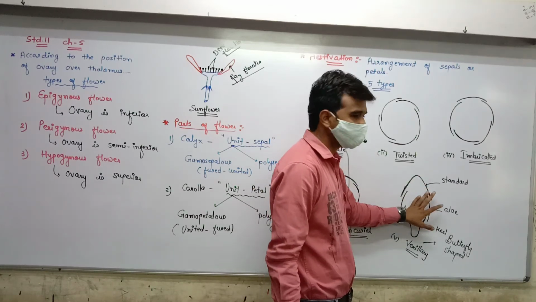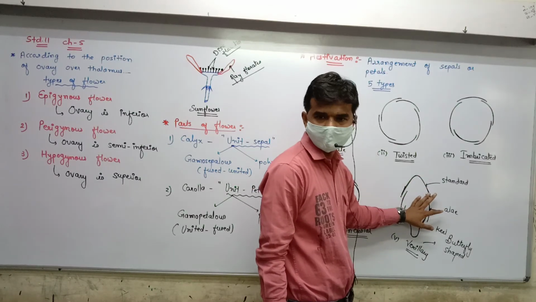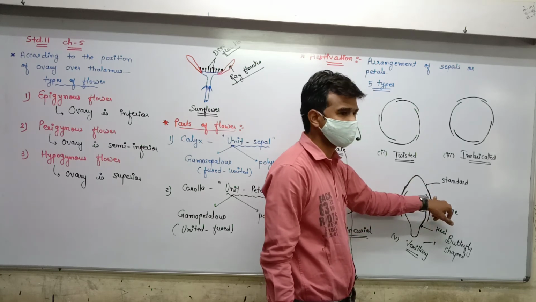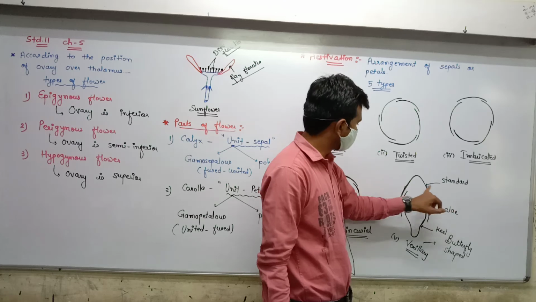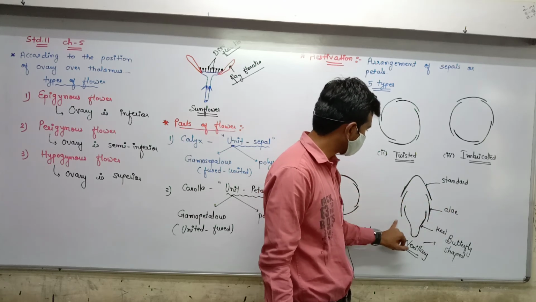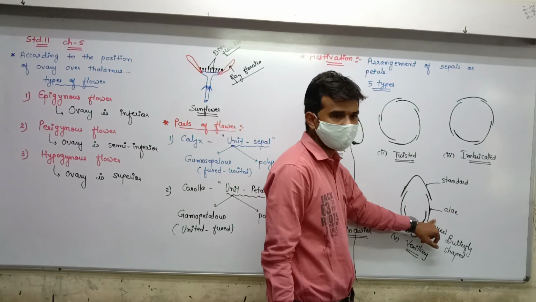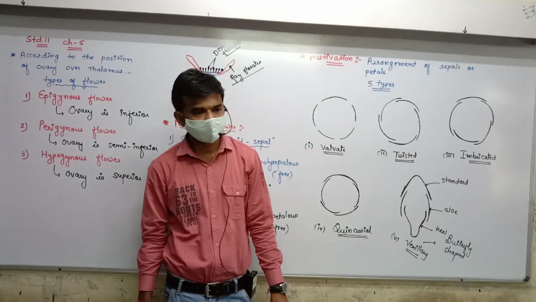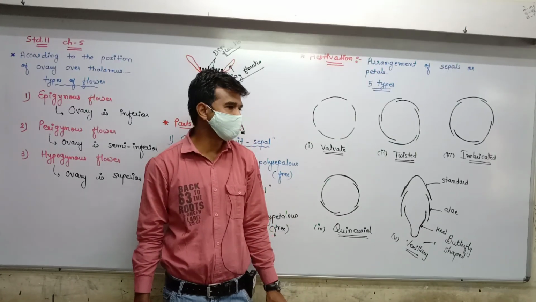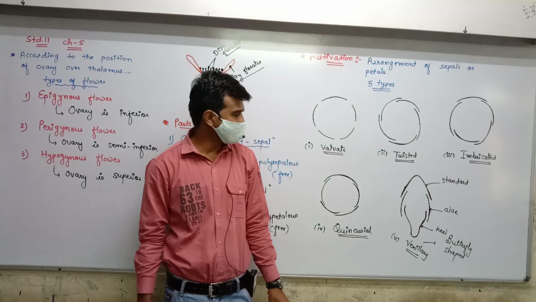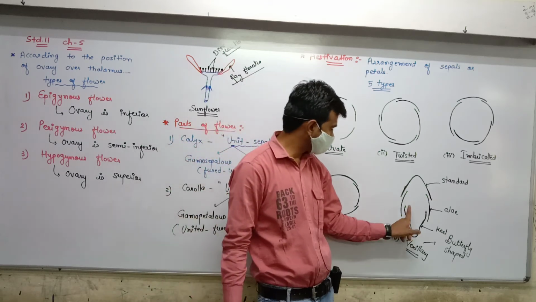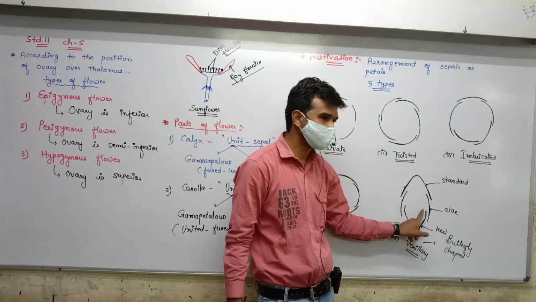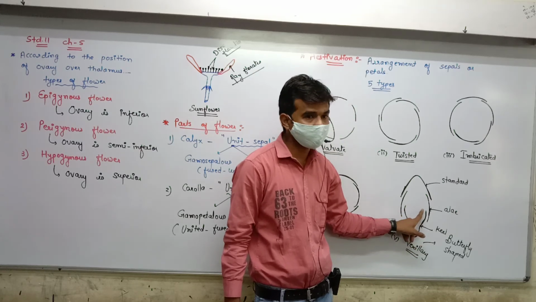It covers the other walls, other units, and the outermost, bigger one is known as standard. Standard covers the two other units which are free from each other. It is known as alley. An alley covers the two units which are fused together, known as keel.